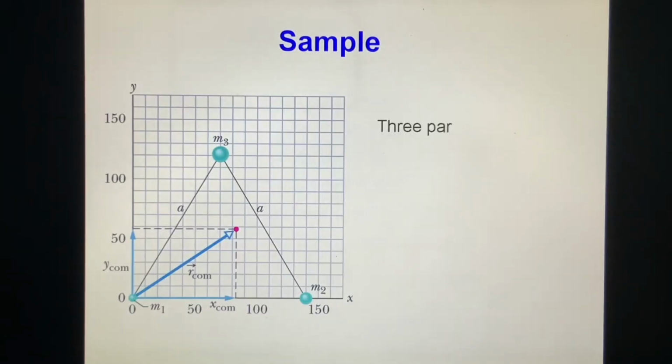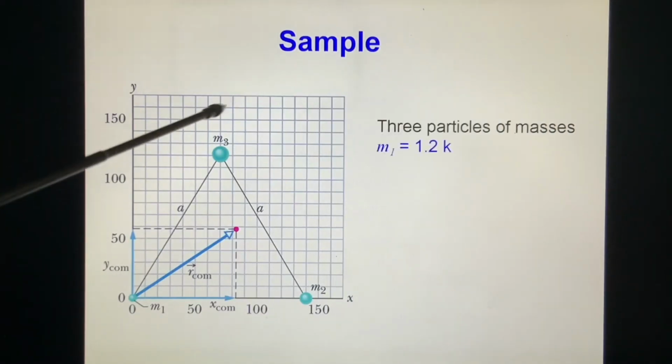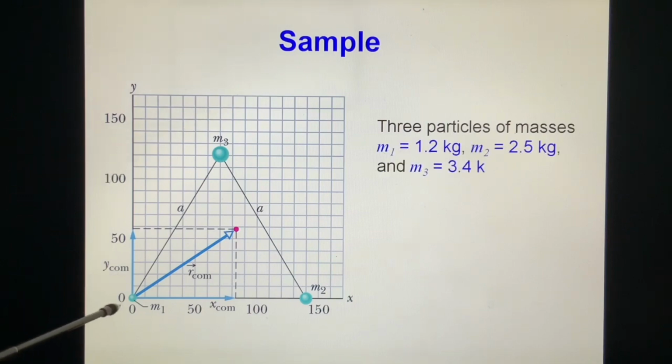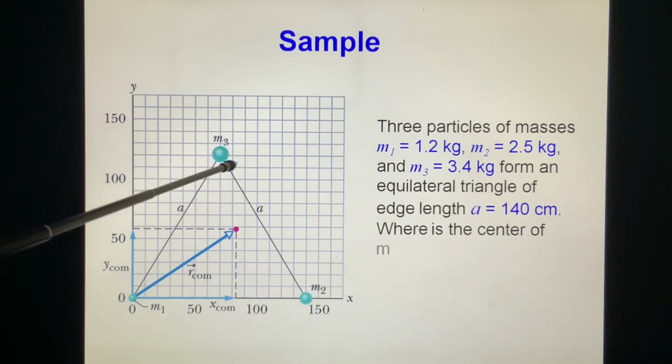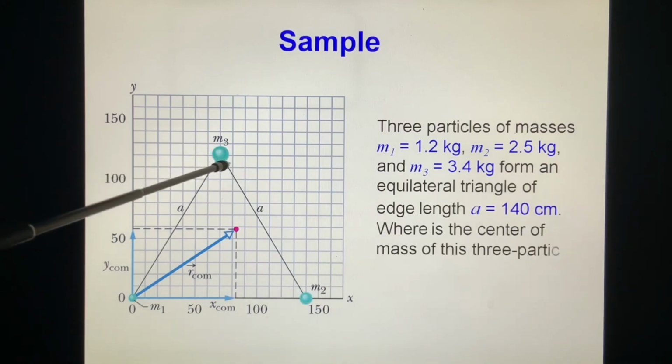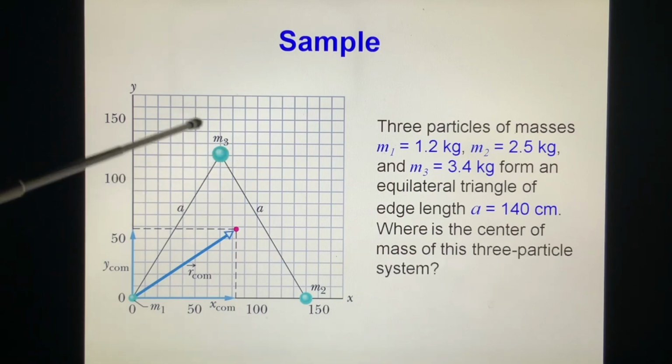Sample problem. Three particles of mass M1, 1.2 kilograms, M2, 2.5 kilograms, and M3, 3.4 kilograms, form an equilateral triangle of side length 140 cm.